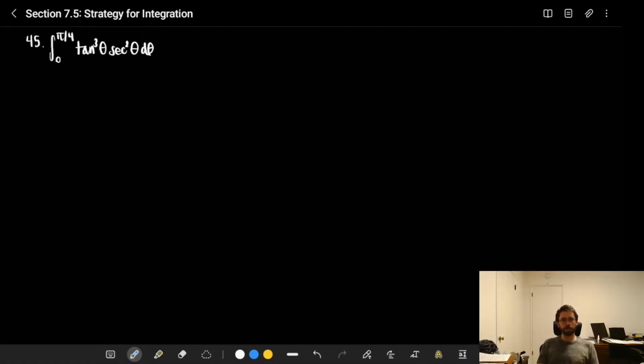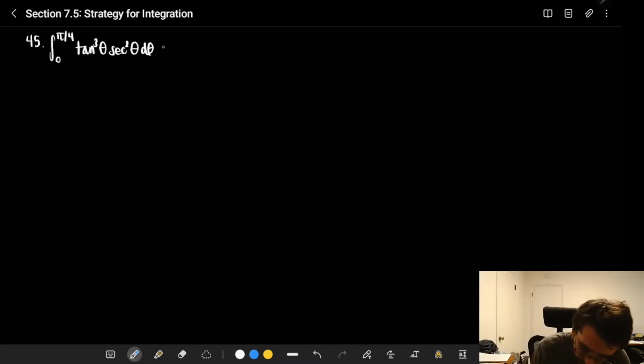Let's think. We need some trig identities. I don't want to plug in secant squared as a trig identity, do I? Do I want to plug in tan squared? Tan squared plus 1 is secant squared, so tan squared is secant squared minus 1. It might work. Let's see.